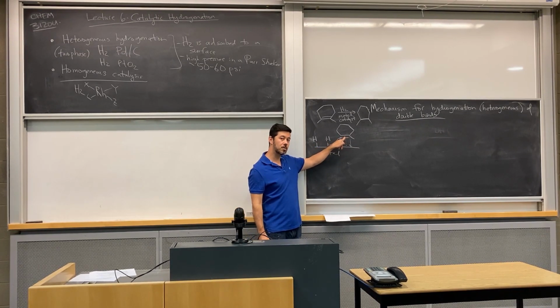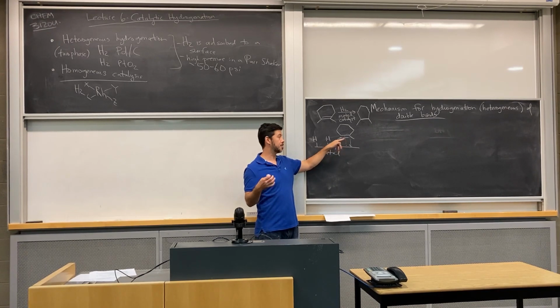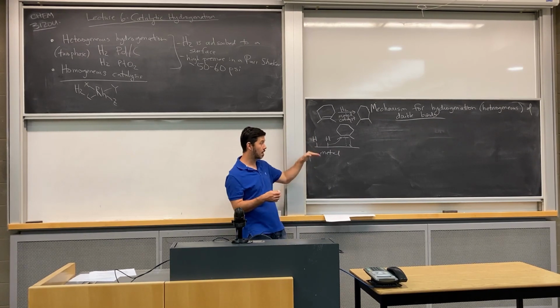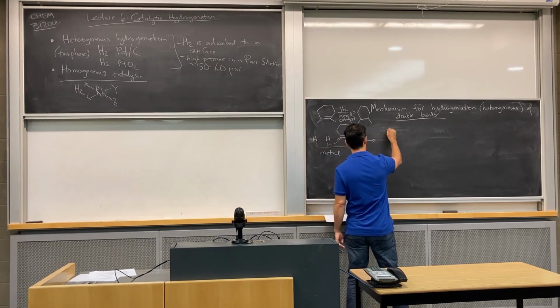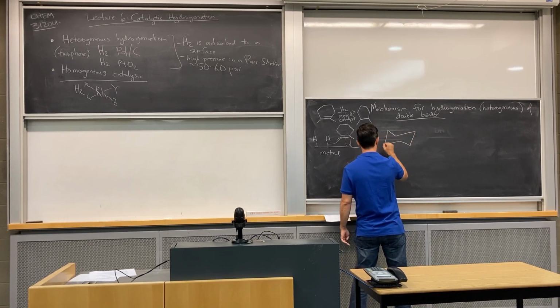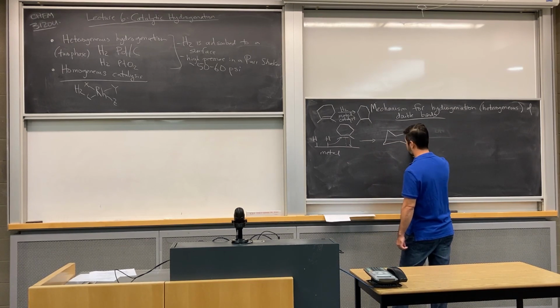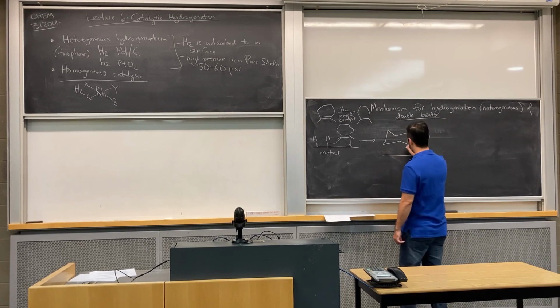We're losing our sp2 center, so we're going to have a six-membered ring with all sp3 centers. The best way to draw a six-membered ring that has sp3 carbons throughout is to use a chair structure. So let's draw this now as a chair structure. Okay, so we have our metal-carbon bond here.